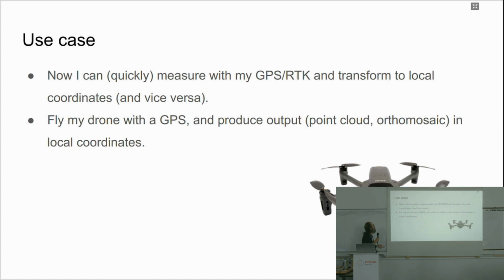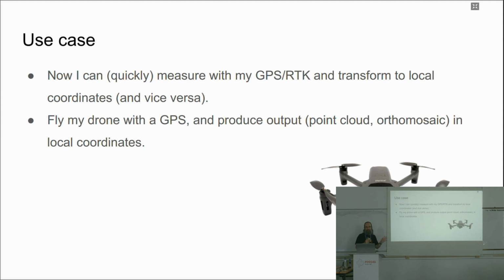Here are two use cases. I'm sure there are more. One is that now with this local site calibration, I can quickly measure with my GPS, with or without RTK, depending on how much accuracy I want. I can quickly measure and transform the points to my local coordinate system. Using a total station is something much slower.